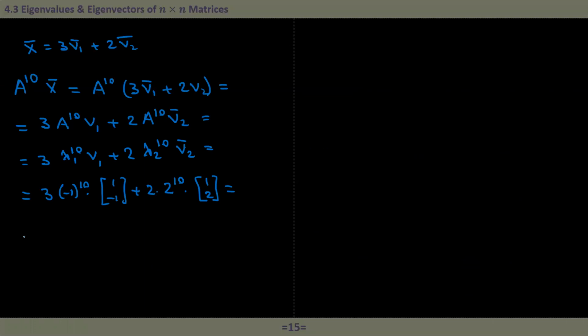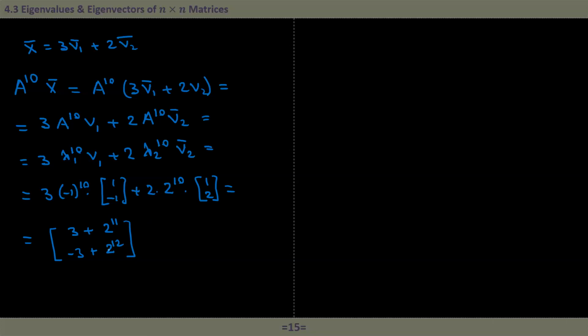So what we have here is 3 and negative 3, plus we're just adding these two vectors: here we have 2 to the power of 11, and if you add the second components, we have 2 to the power of 12. And we can also evaluate this.